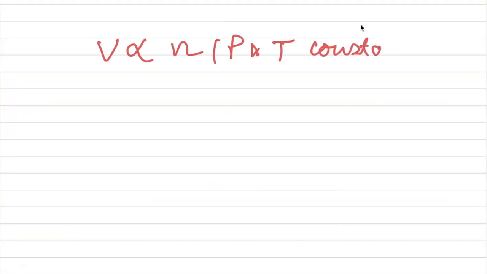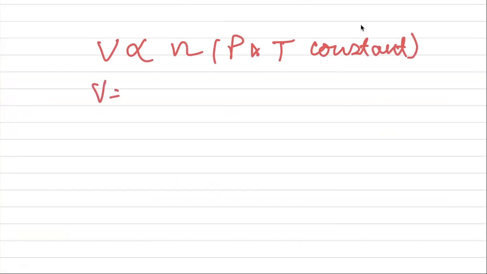Mathematically, V is proportional to n, where n is the number of molecules, when P and T are constant, that means pressure and temperature constant.